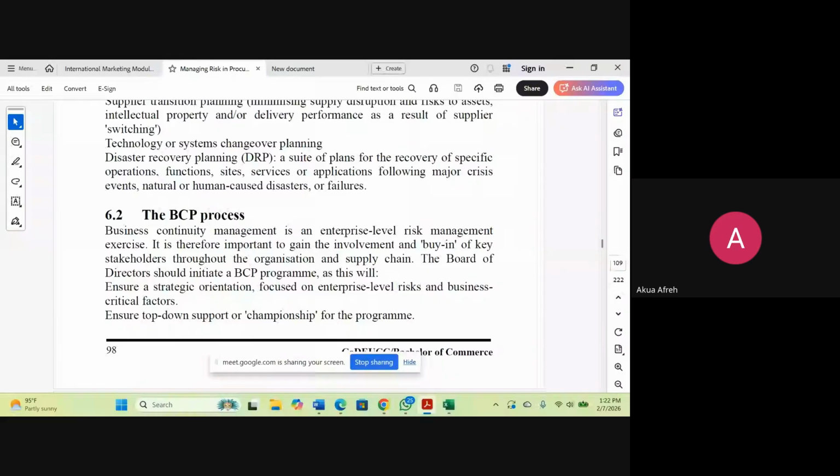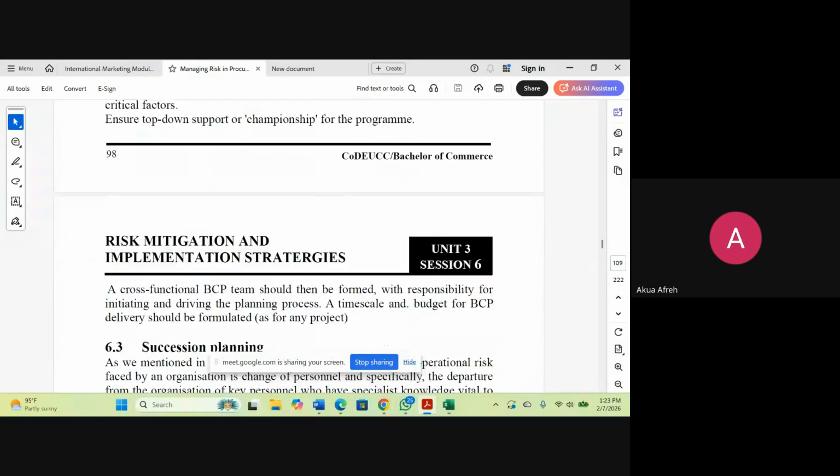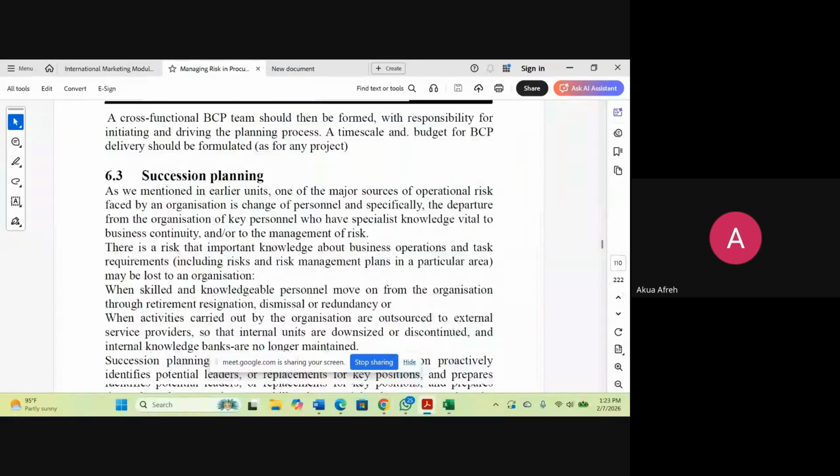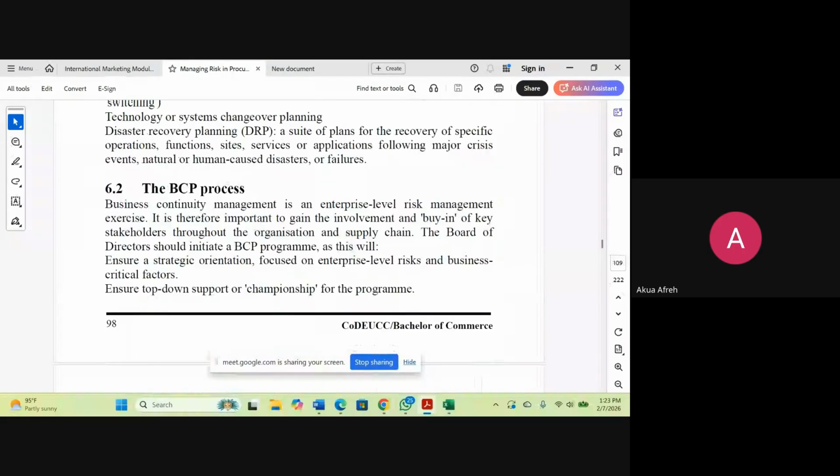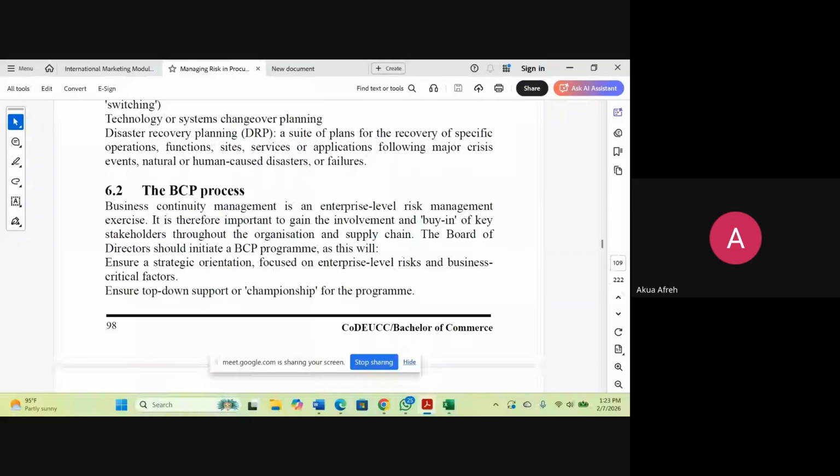The first one is, in fact, I don't see this here in your book, but we can still brush through. One, you need to identify the critical operations.